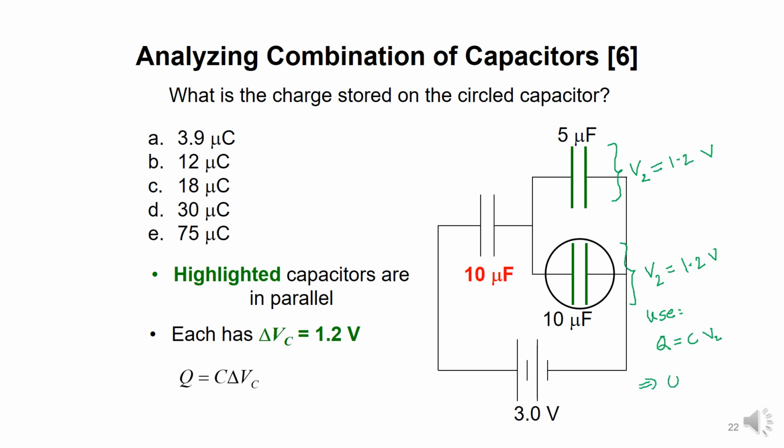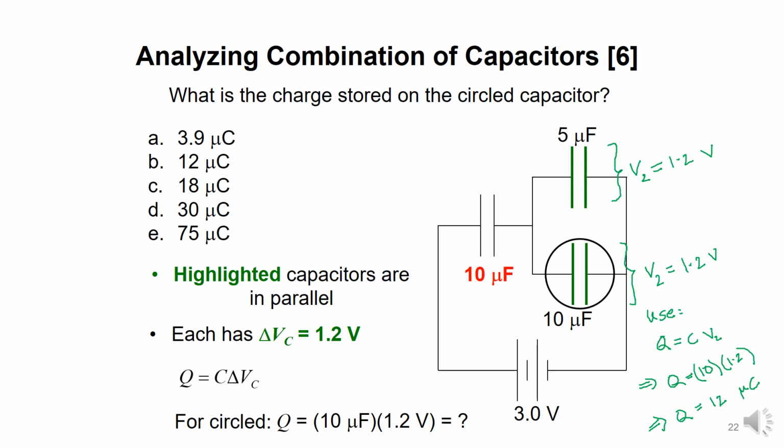So this tells us Q must equal C of 10 microfarad and a voltage of 1.2 volts. And we get Q equals 12 microcoulomb. All right, so that's our answer here. The charge stored in the circle capacitor is 12 microcoulomb.